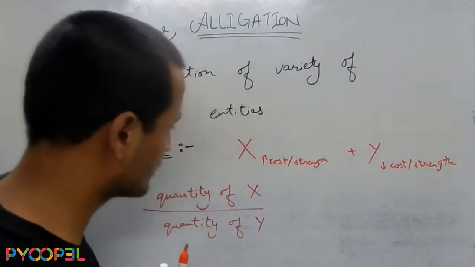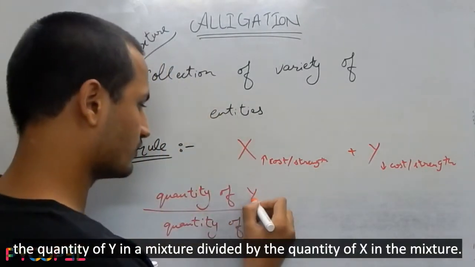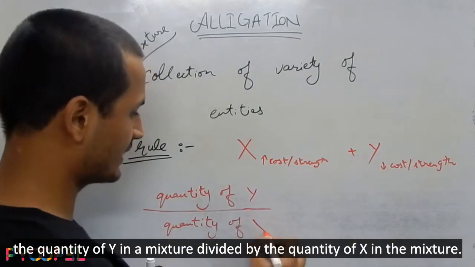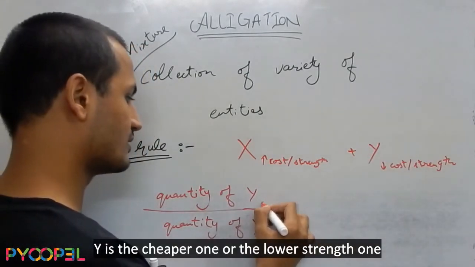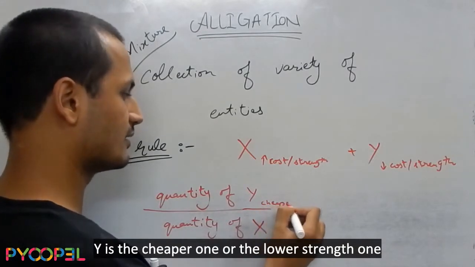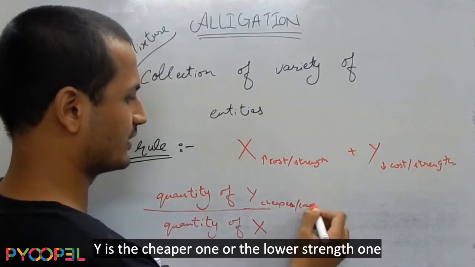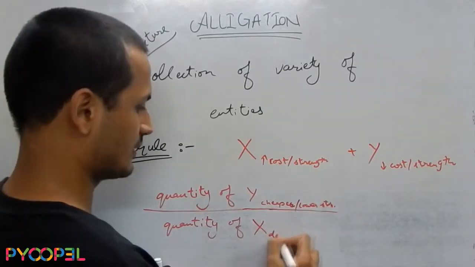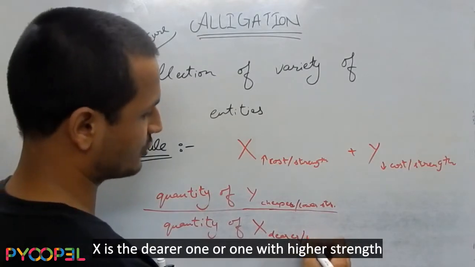No, it's reversed. When we want to know the quantity of Y in the mixture divided by the quantity of X in the mixture, Y is the cheaper one, or the lower strength one. X is the dearer one, the one with higher strength.